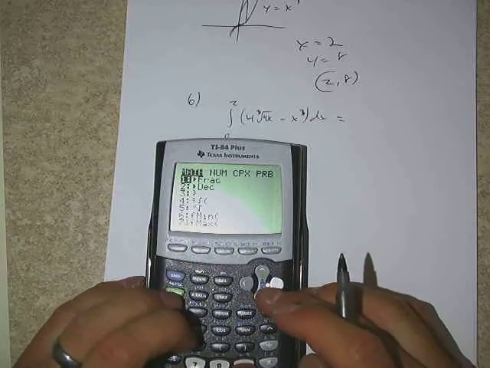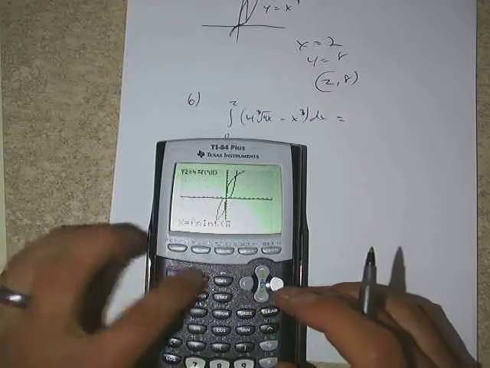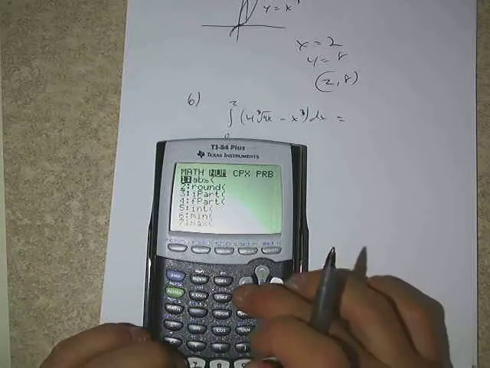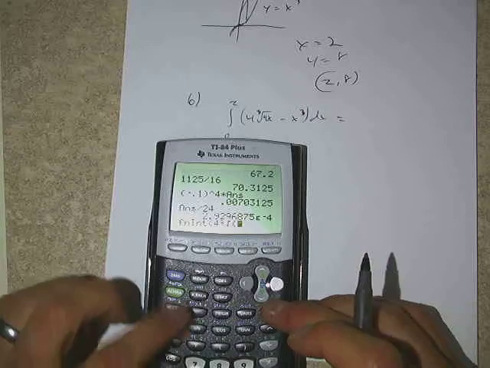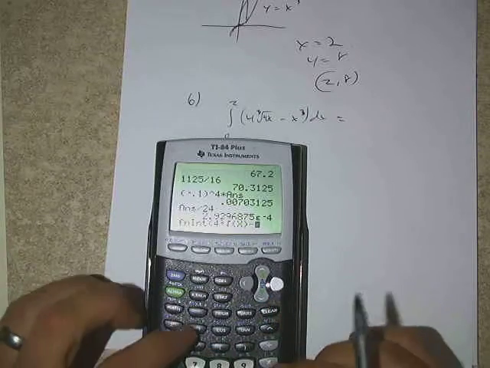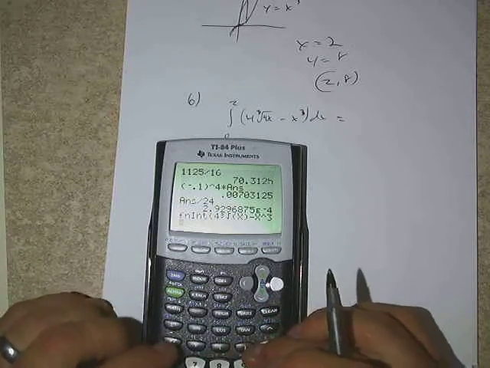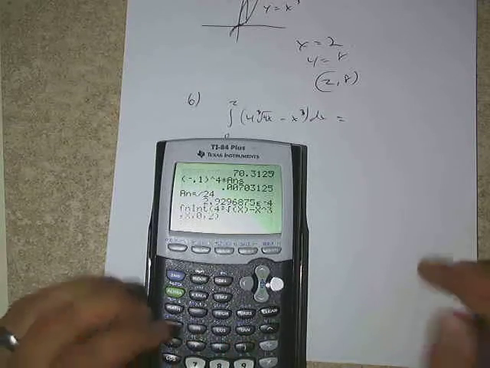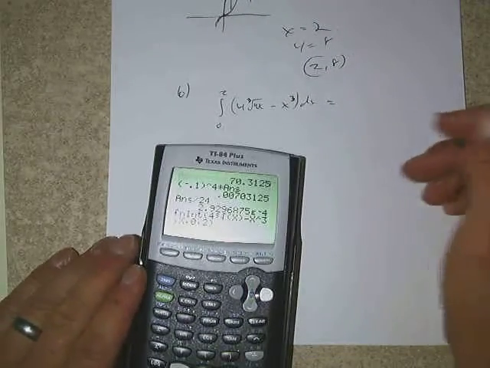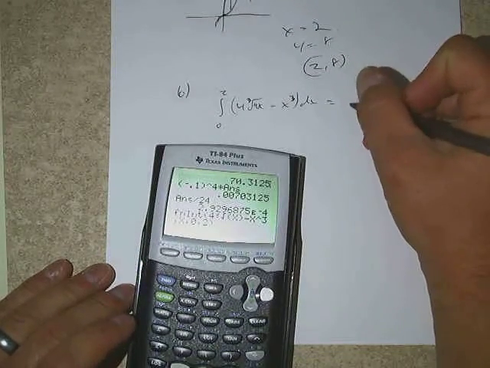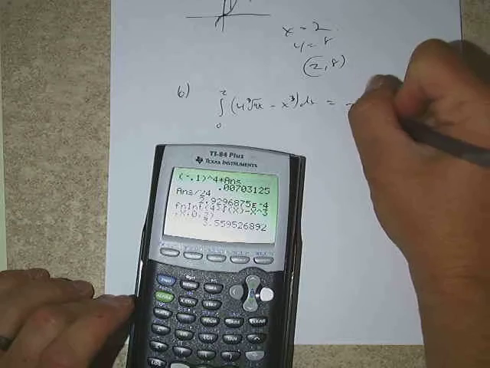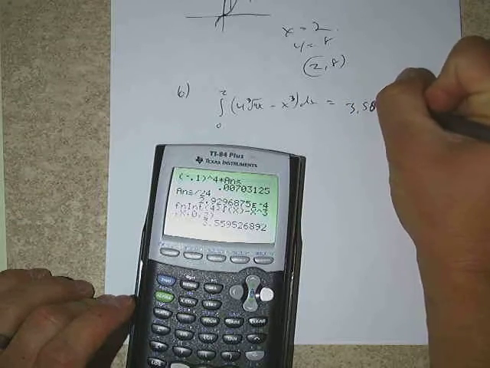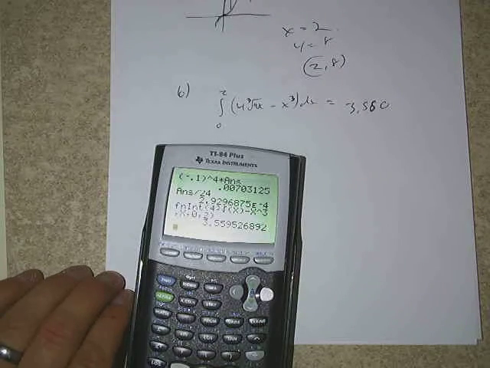Let's see what we get. So we get 4 cube root x minus x cubed. And it should be 3.5595, so it'll be 3.560 then.